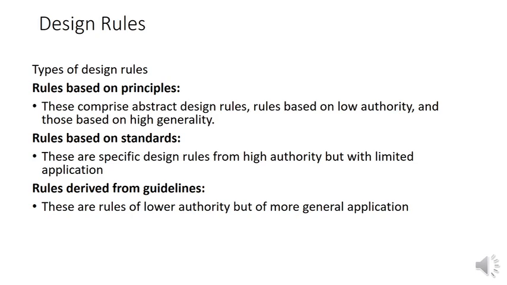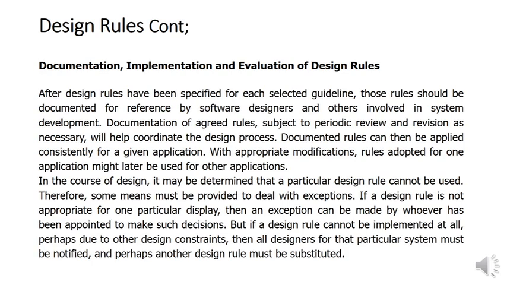The rule based on standard: there are specific design rules from high authority but with limited application. Rules derived from guidelines: these are rules of a lower authority but of more general application.